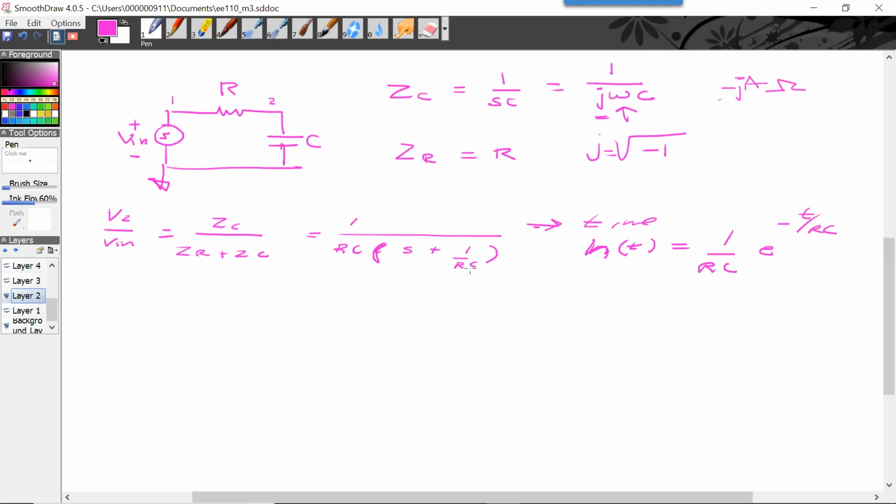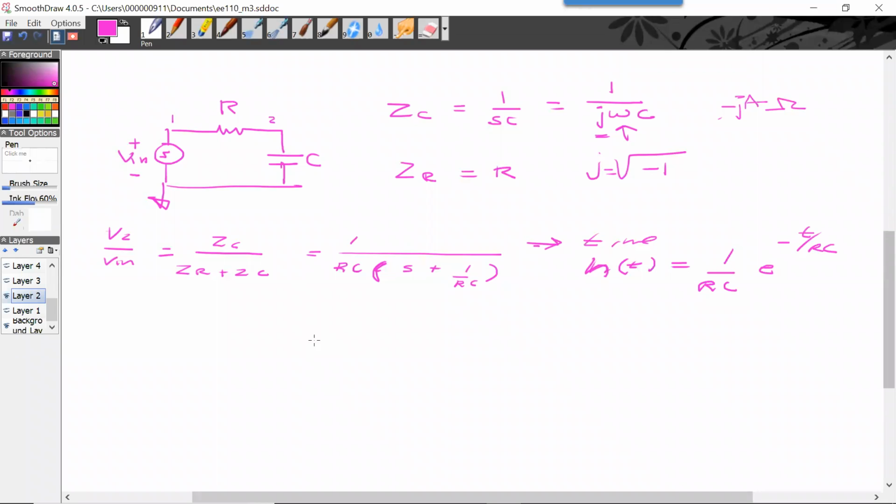Now, I'm going to do this in more detail later, but this is just so we have a system, and I need to talk about static versus dynamic. All right. But this H(t) is the system.